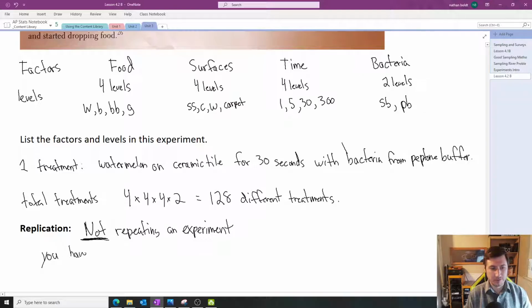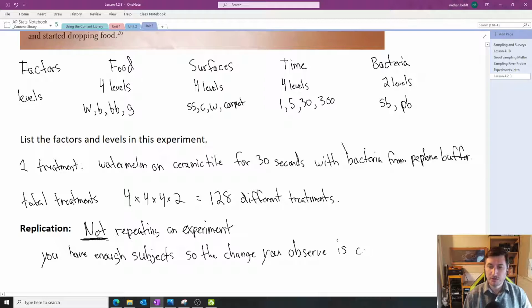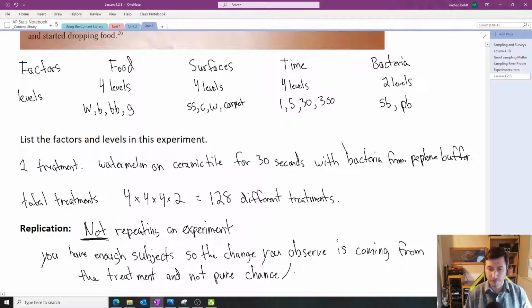enough individuals or subjects so the change you observe is coming from the treatment and not pure chance/variability.